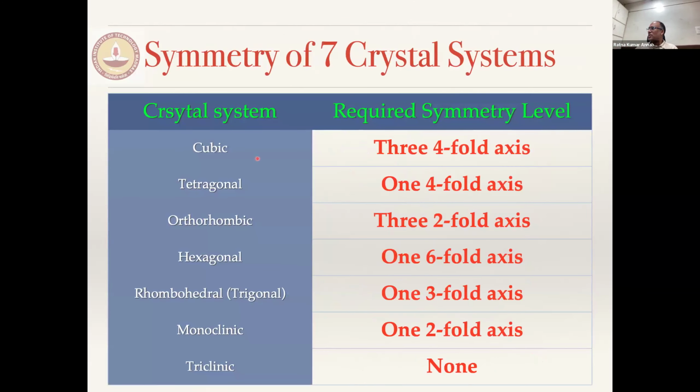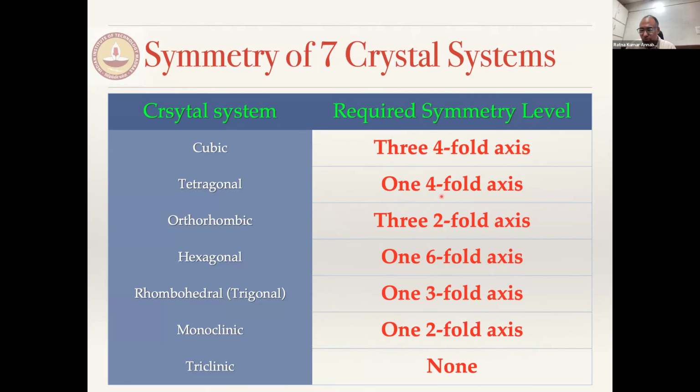So if you look at a cubic crystal, you will have three fourfold axes. The moment you pull the cubic crystal in one direction, you will destroy two fourfold axis symmetry. It will have only one fourfold axis, because in the other two directions it will be 180 degree, two-fold symmetry only. Fourfold symmetry in two axes is lost by pulling a cubic crystal in one direction.